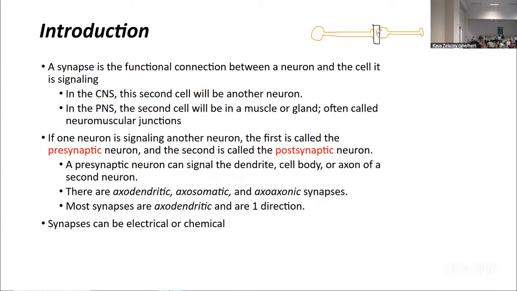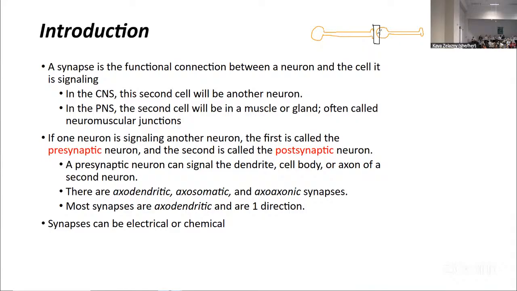In the CNS, which is our central nervous system, so we're thinking brain, we're thinking spinal cord, when we look at these synapses, it's going to be one neuron talking to another nerve cell. When we look at our peripheral nervous system, which are the nerves going out to like your fingers and toes, the rest of your body, we're going to see that we have our neurons talking to other types of tissue.